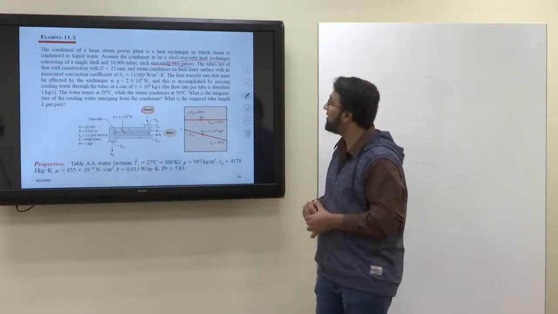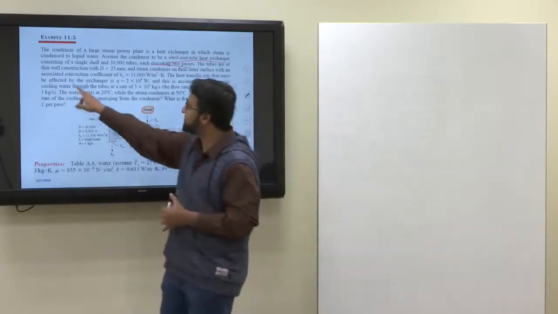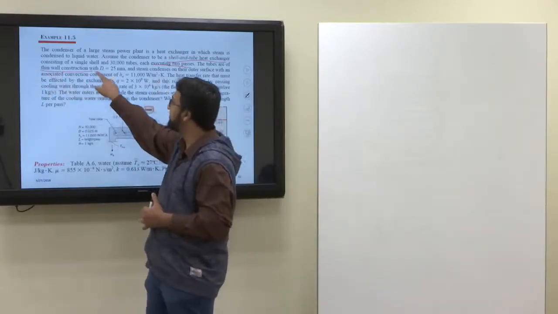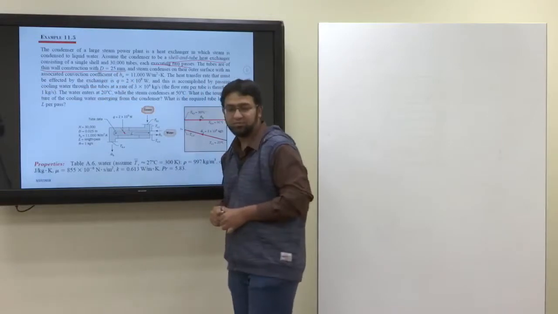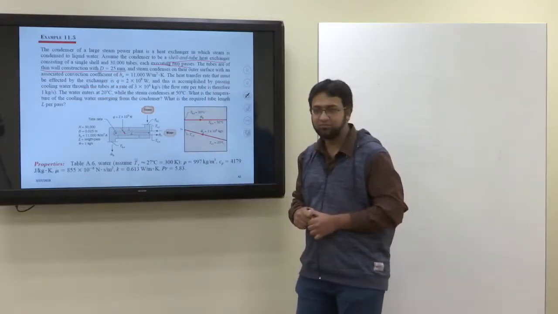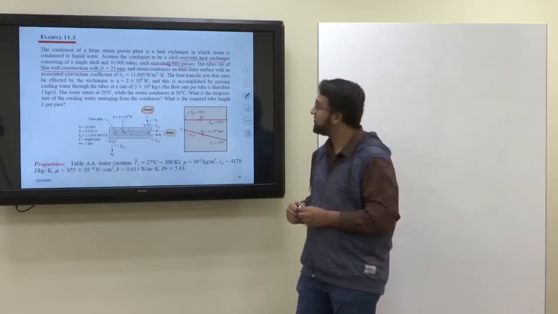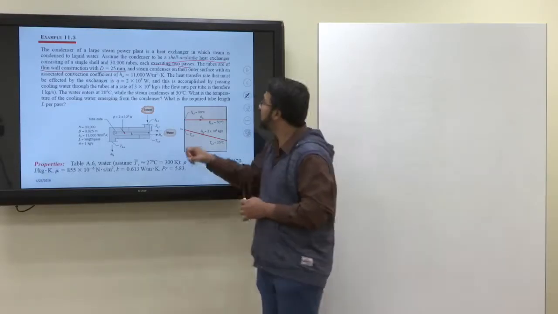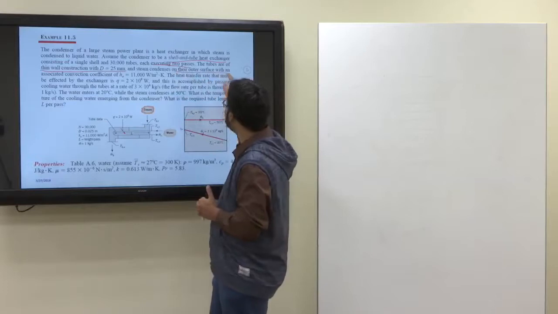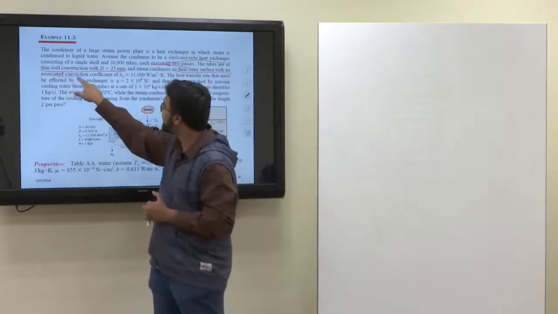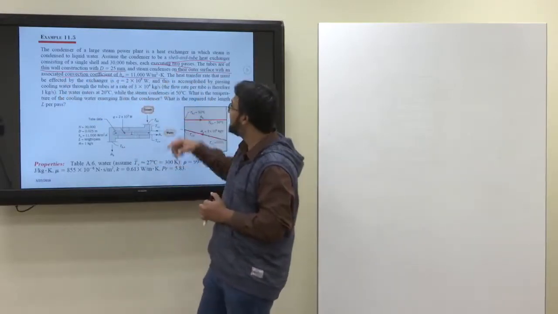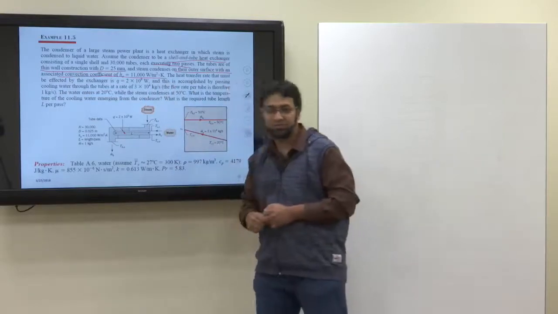The tubes are of thin wall construction with diameter 25 millimeter. You have gone through problems of thin wall. Okay, diameter 25 millimeter, and steam condenses on the outer surface with an associated convection coefficient of h_o = 11,000 watt per meter square Kelvin.